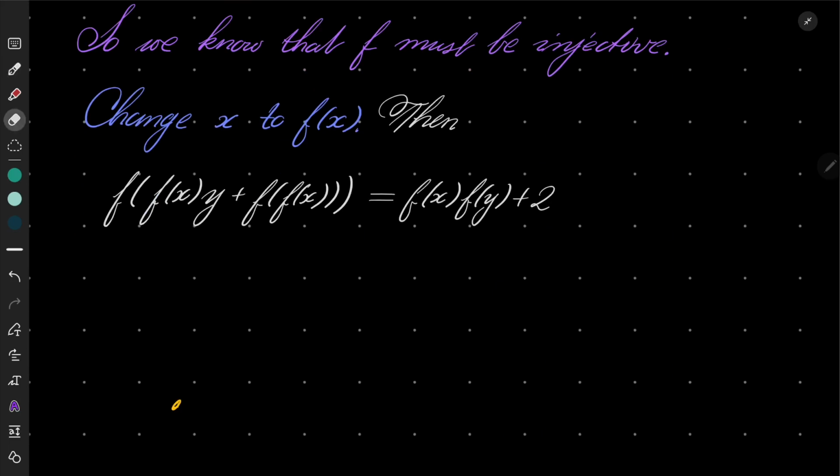But if you look closely, the right hand side is symmetric, so I can change x to y and y to x, and I can write f of y times x plus f of y. Okay.